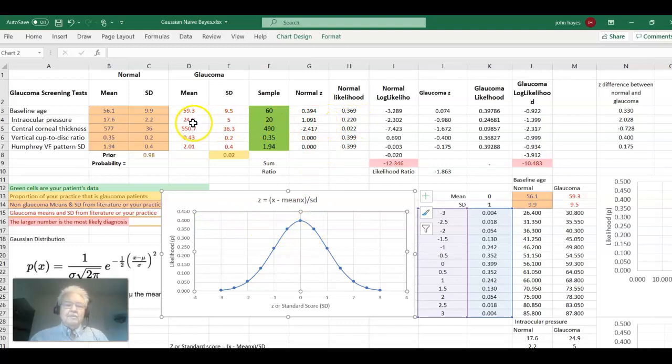We do the same thing with the IOP. We have 20 minus 17.6 divided by 2.2, which gives us a z of 1.091. So the z is 1.091, right down here, about 1, and the probability is around 0.25.